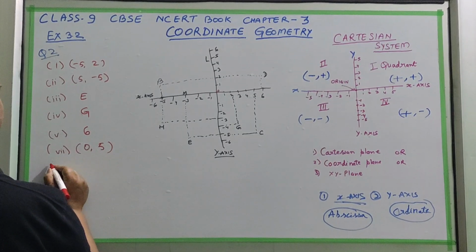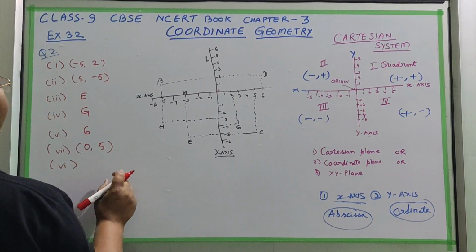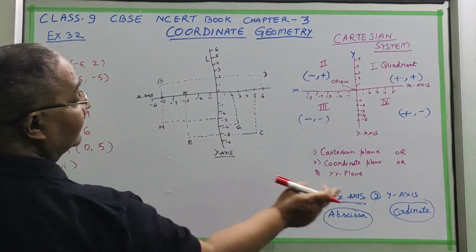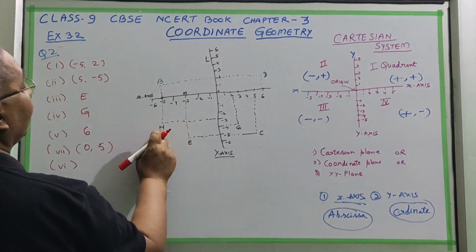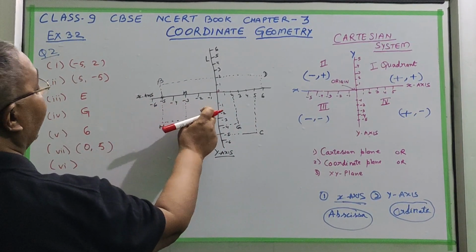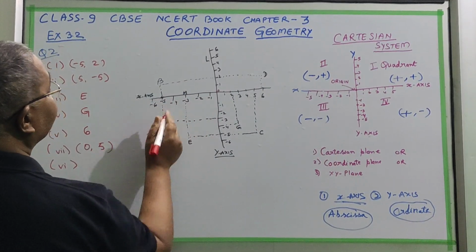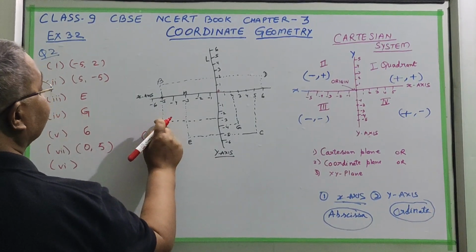And 6th is missing. Again I am writing 6th, the ordinate of point H. Ordinate means the second one. When we are writing, second is ordinate. So first is your -5, and then you go to -3, then H comes.